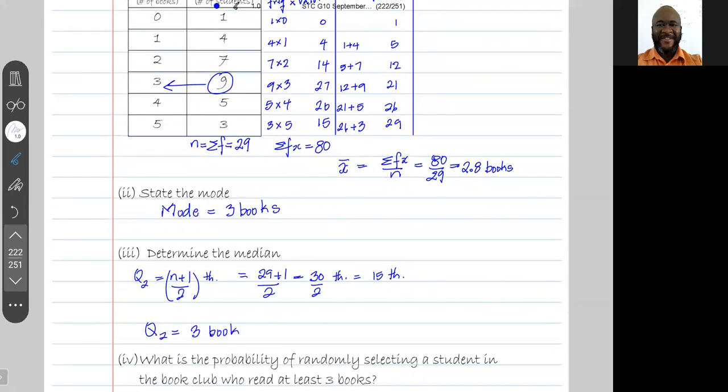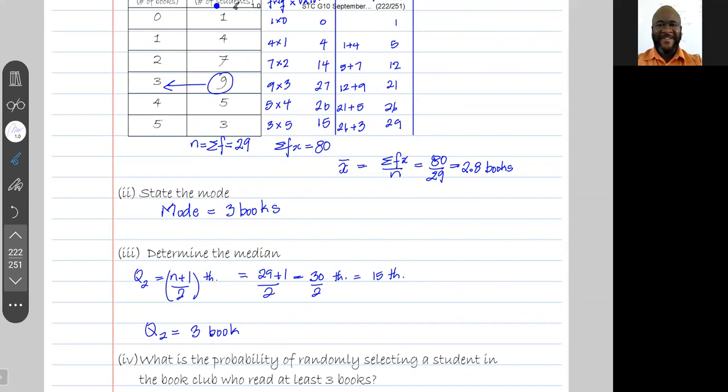If I line up the 29 values in ascending order, the one in the middle is the 15th value and it is 3 books.